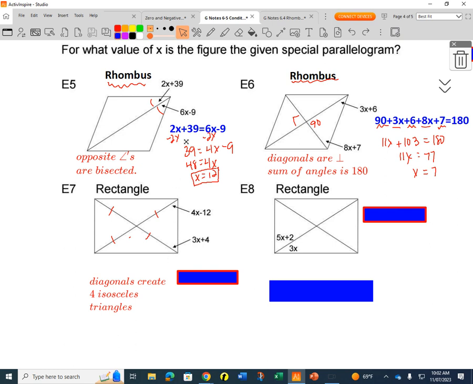These angles are the angles across from the congruent sides. That makes them the base angles. That makes them congruent. So we're going to write base angles are congruent. And then we can write the equation that that angle equals that angle and solve for x. So go ahead and write your equation.